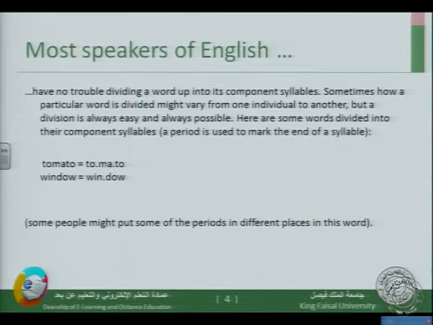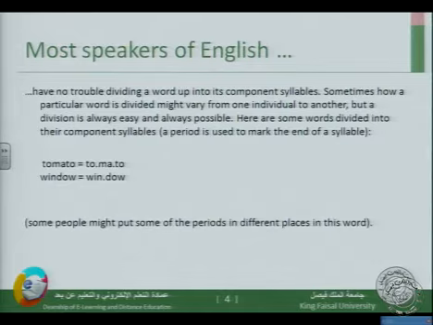Most speakers of English have no trouble dividing a word into component syllables. Sometimes, how a particular word is divided might vary from one individual to another. For example, the word transcription, or maybe the word next. Some of you may pronounce next as two syllables. See how many syllables we have right here?